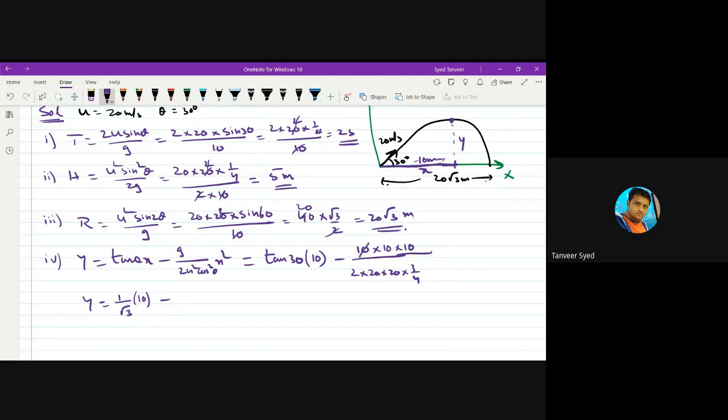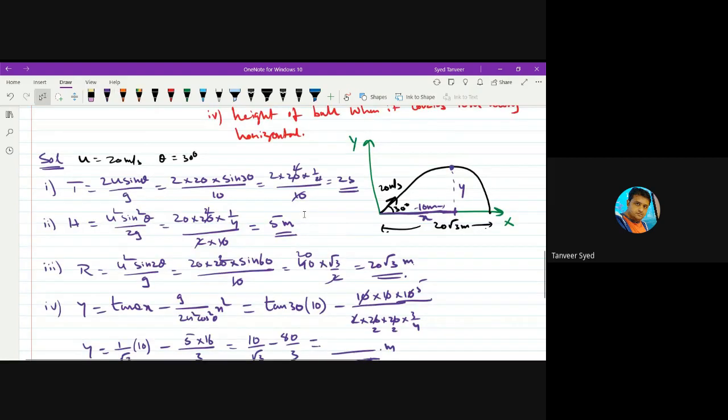So 10 ones, 10 twos, 2 ones, 2 fives. This will be 5 by 3 by 16. So 5 into 16 by 3, which is 10 by root 3 minus 16 5 80 by 3. You can calculate that, you will get the value here.